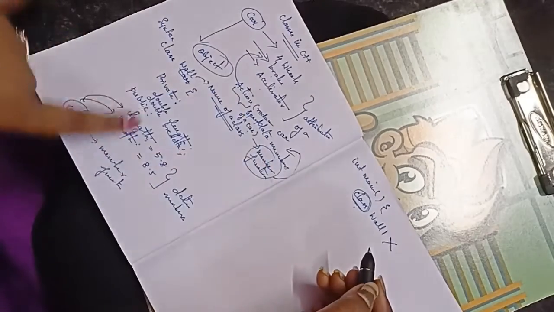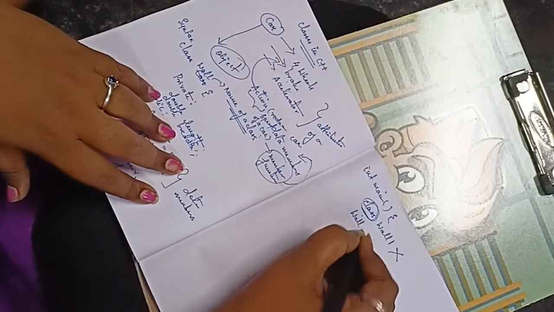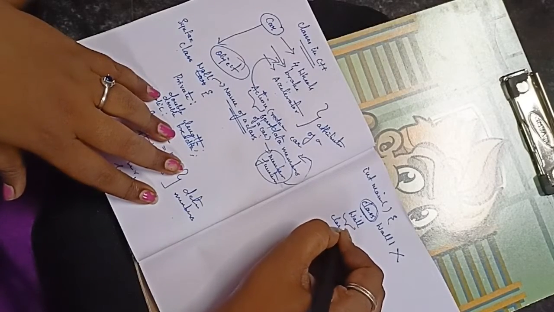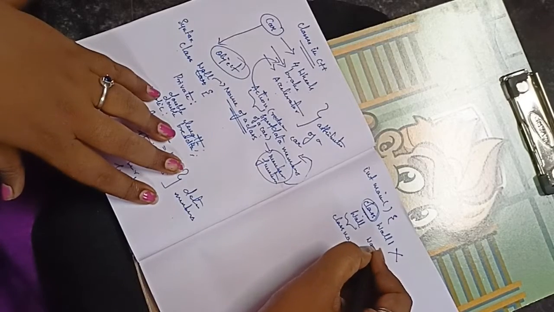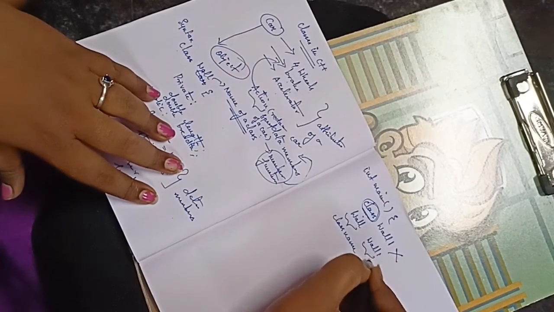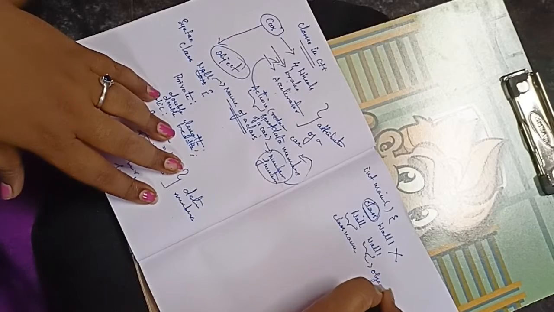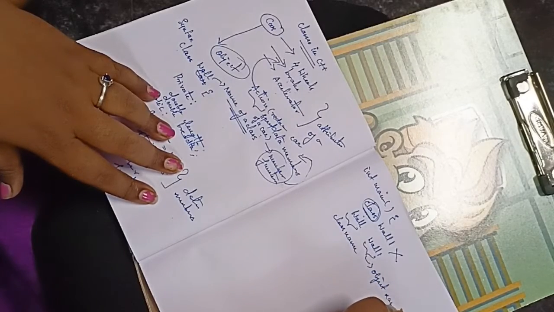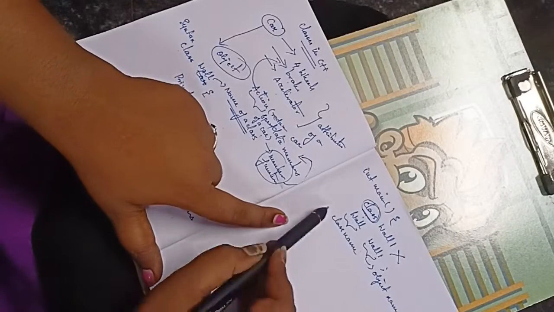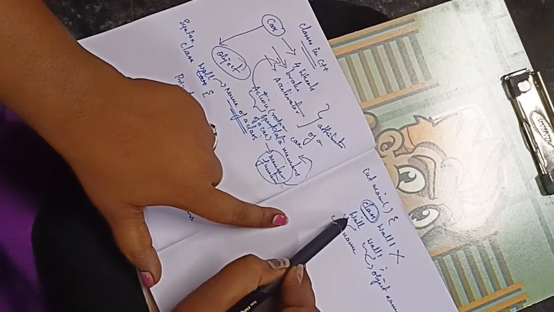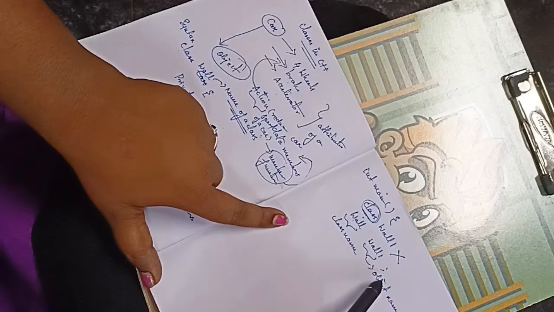I have given a class name called wall, so wall is the class name and wall 1 is the object name. So I have created an object. This is how you create it: wall is the class name, and you are creating an object.